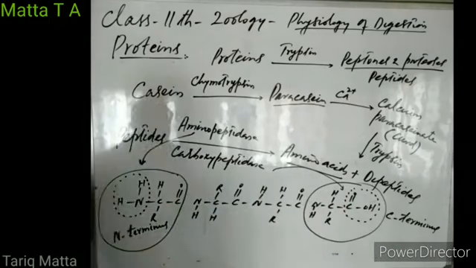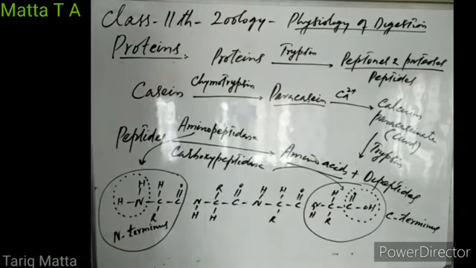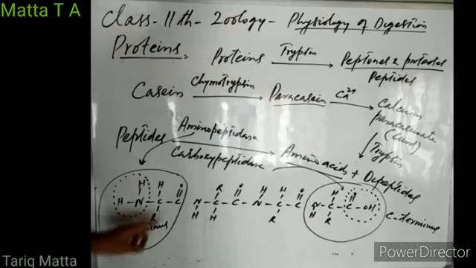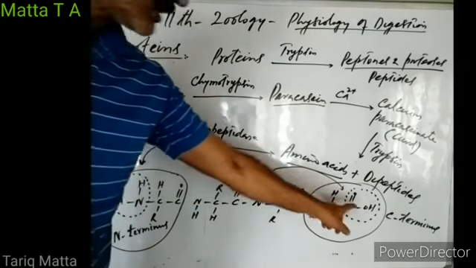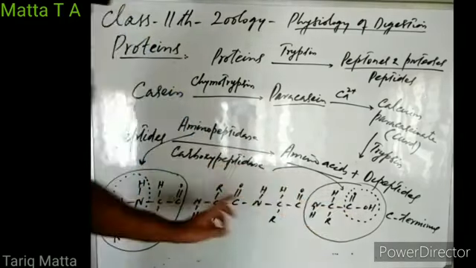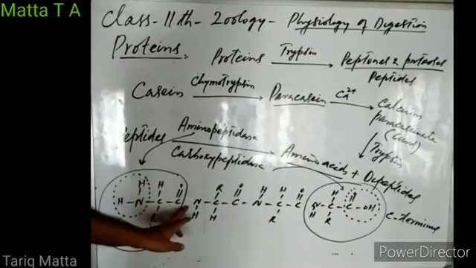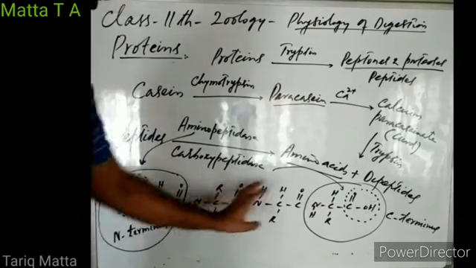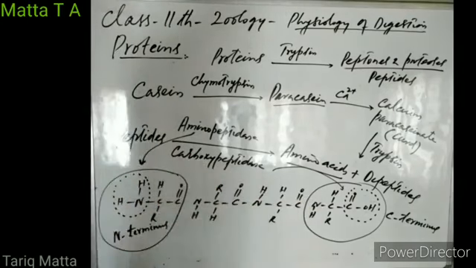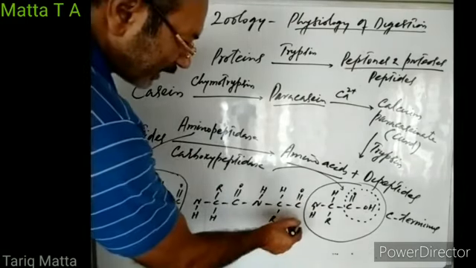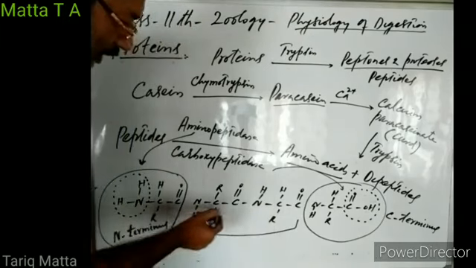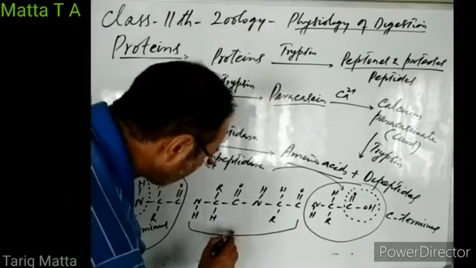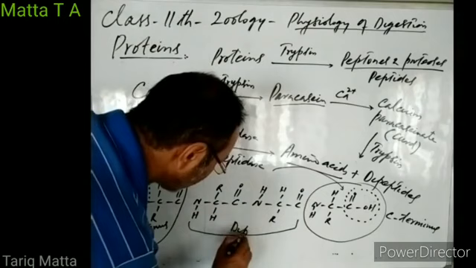Right? So in this way, one by one, aminopeptidases will act from the N terminus and carboxypeptidases will act on the C terminus, breaking the peptide bonds one by one, releasing one amino acid, another amino acid, another amino acid, and finally releasing a dipeptide. These are two amino acids linked together, known as a dipeptide.